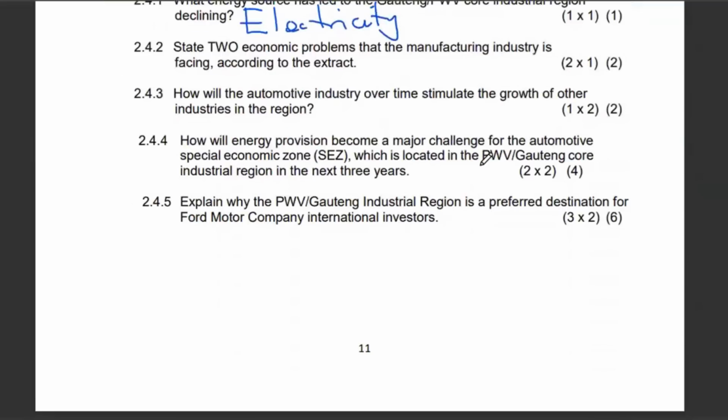How will the automotive industry over time stimulate the growth of other industries? We are saying the automotive industry is a stimulator of the growth of other industries. How is that possible?